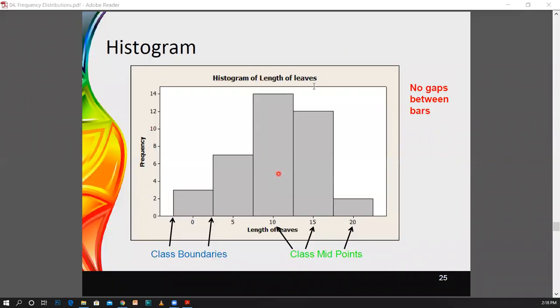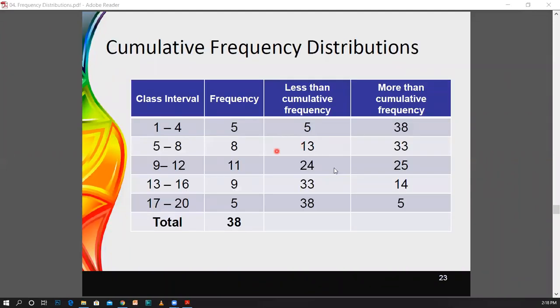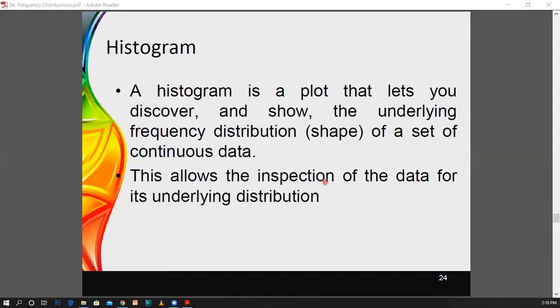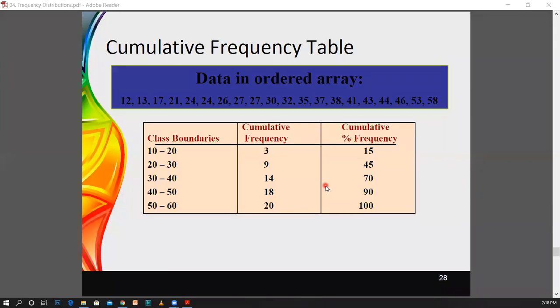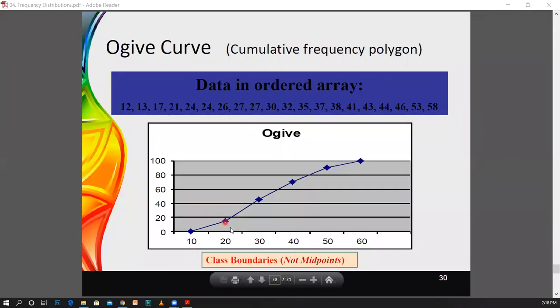Normally we are using the less than cumulative frequencies, and they are associated with the upper class boundaries. Here in this example you can see that these are the class boundaries we are using. It is not the midpoints. Normally we use the class boundaries to construct the ogive curves.